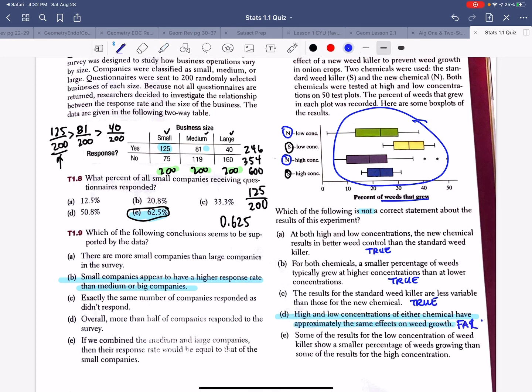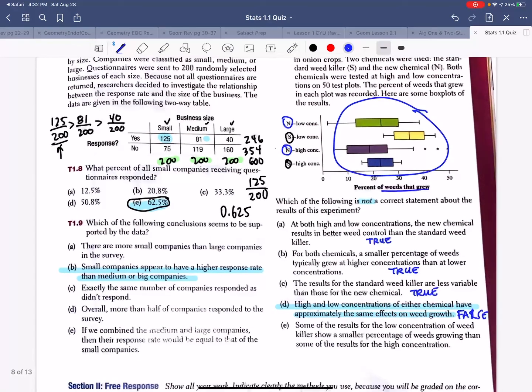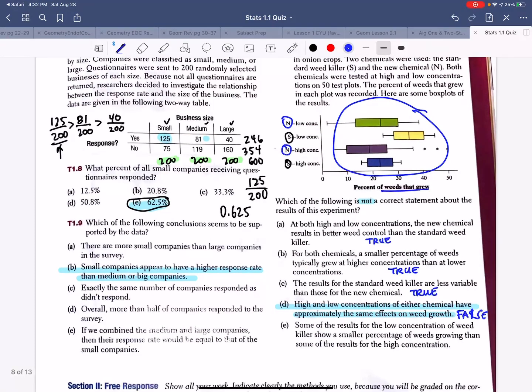Let's go ahead and look at the last one. Some of the results of the low concentration of weed killers show smaller percentage of weed growing than some of the results for high. Okay, and that's where we get into this some of the results.